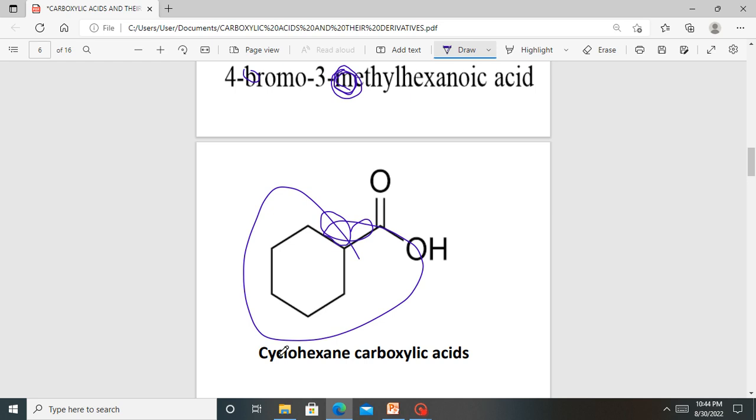If you make it cyclohexanoic acid, you are trying to say it is made of 6 carbons, which is wrong. But here the case has 7 carbons, so it becomes cyclohexane carboxylic acid. The carboxylic acid here indicates the functional group. Then the cyclohexane is the ring system.